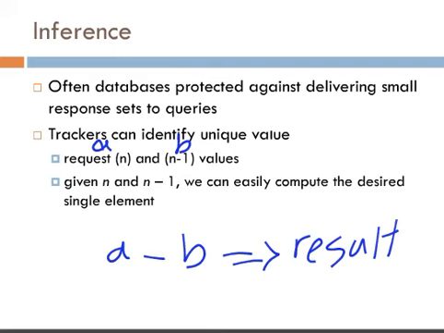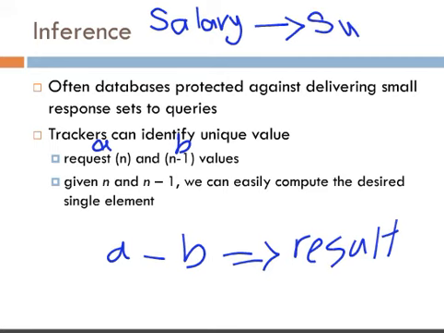Let me give you an example, on salary. You have access to the sum of salary, but you want to see the average salary. You don't have access to the average salary of an individual, but you can run the sum query.